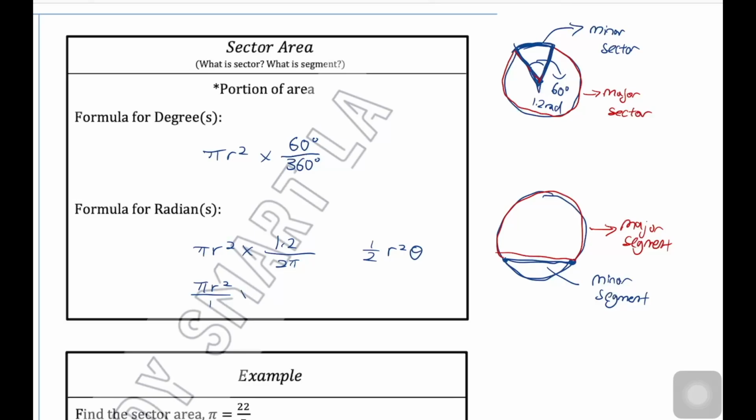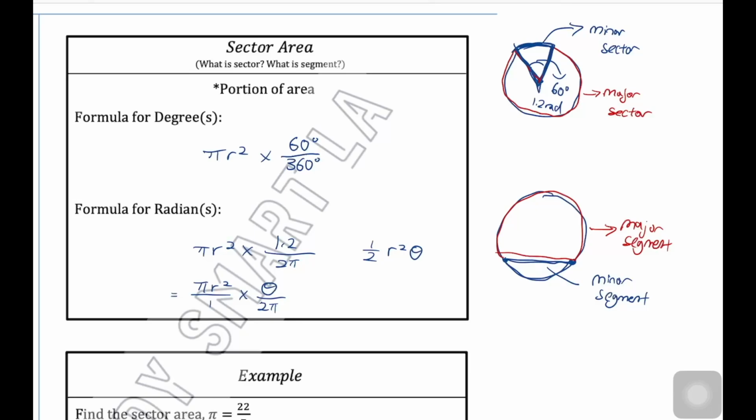So with that, I can actually simplify it by multiplying by theta over 2 pi. Sorry, my bad, not 1.2, theta. Because theta is the angle that we'll be using, this is a general formula for finding sector area. That's why I use theta instead of putting in the specific angle of 1.2.